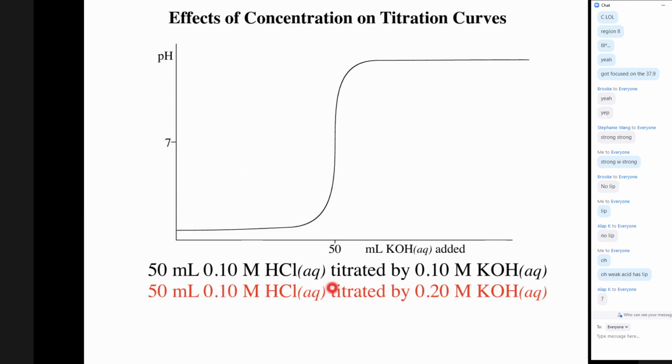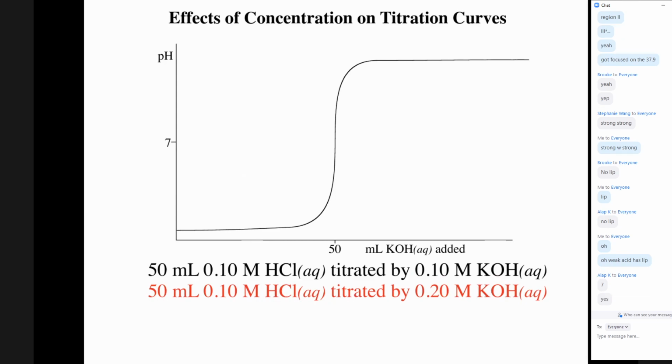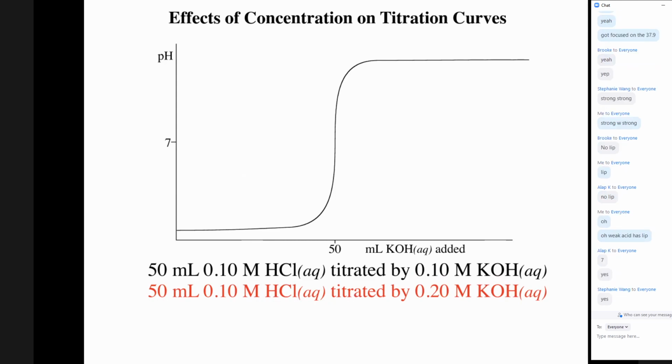Okay, in this case, is it still going to be a sigmoidal curve? Is it still strong acid, strong base? Still sigmoidal, always sigmoidal, and the pH at equivalence is still 7. But in this case, do I need 50 milliliters to get to 7, or because it's more concentrated, do I need less than 50?